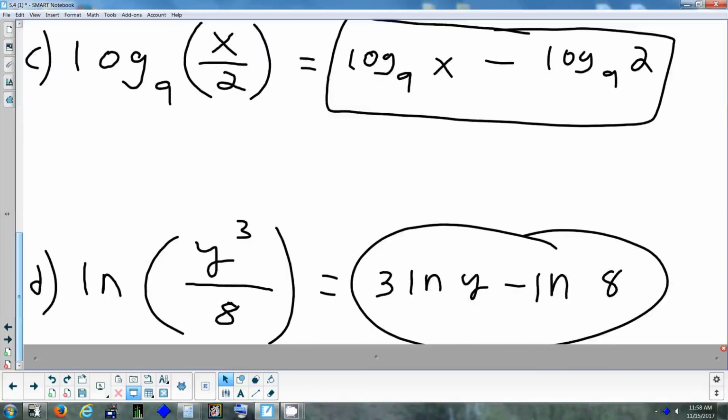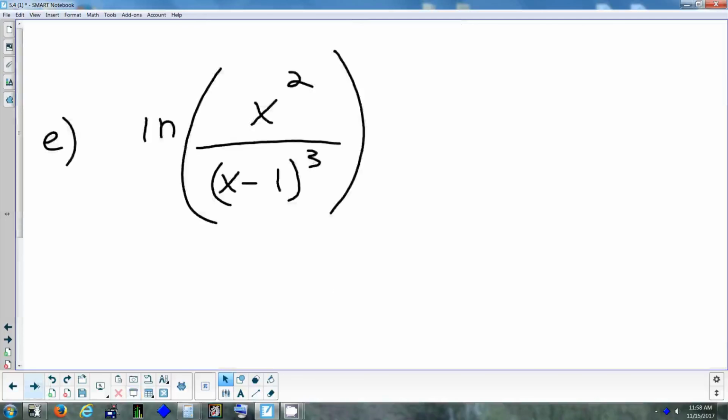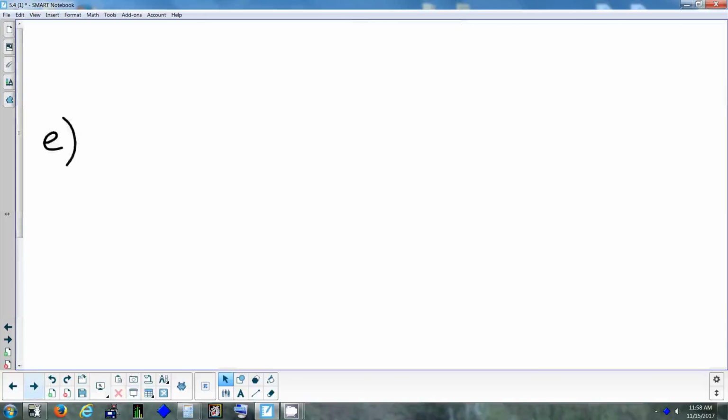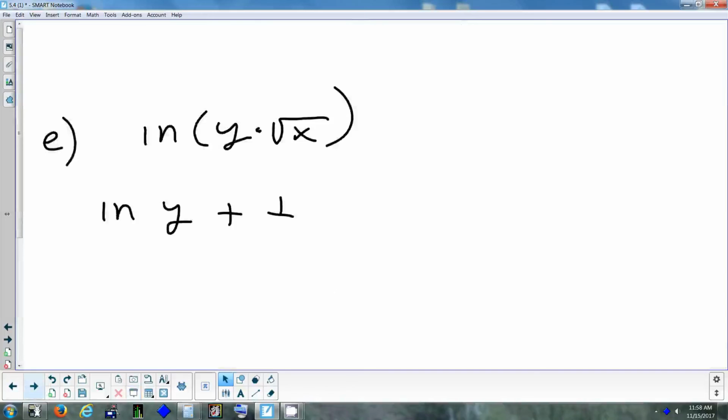All right, I'm going to change the next one. I want to do another product. Can I try to go like the whole thing? Sure. ln plus 1/2 ln x.